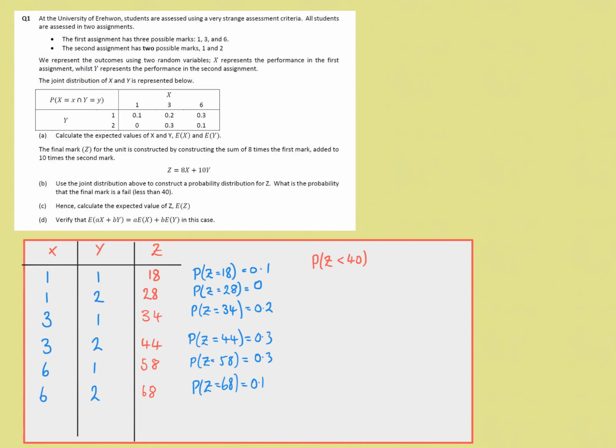So that's equal to the probability that z is equal to 18, plus the probability that z is equal to 28, plus the probability that z is equal to 34. That gives us 0.1 plus 0 plus 0.2, which is equal to 0.3. So the probability of getting a mark less than 40 is 0.3.